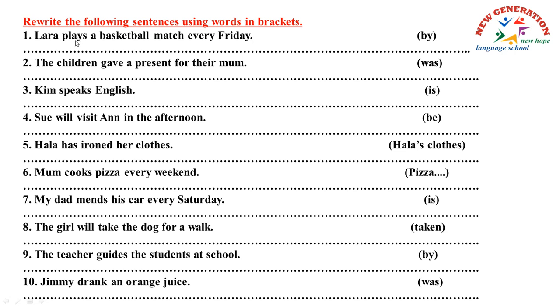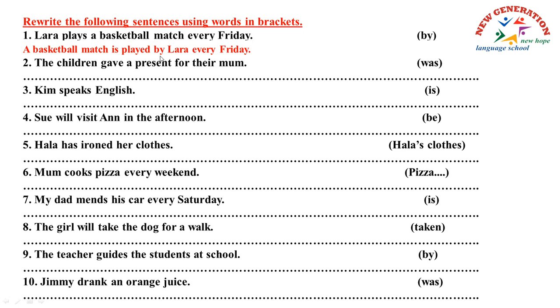This form of the verb to play shows the present simple. So I'm gonna use verb to be in the present simple tense, which is am, is, or are. And then I'm gonna add play in the PP form like this. A basketball match is played by Laura. I've added the agent, the doer here, preceded by the preposition by, every Friday.